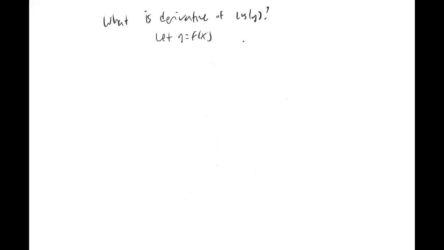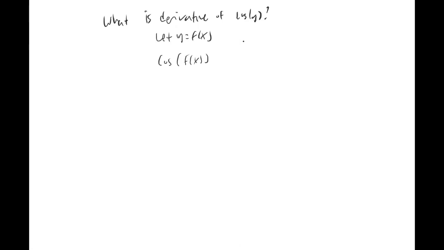I don't know what f is. If I knew what f is, I could just take the derivative like I normally would, with product rule, quotient rule, chain rule. So I don't know what f is, but let's just say y is a function of x. Then this is cosine of f of x.